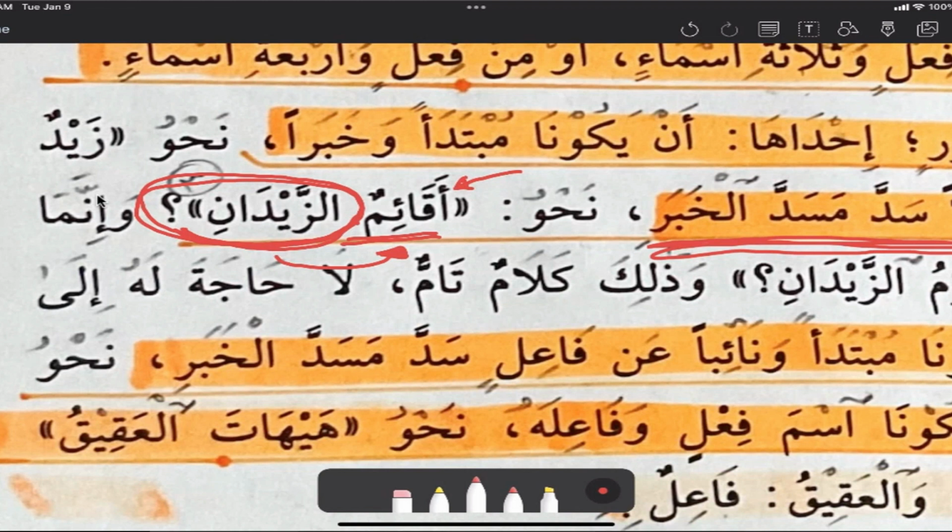It's like Zaydan came and said, oh, you're a subject here? You want a predicate? Well, you're going to be acting like my predicate now. And I'm going to be here, the subject. I'll just fill the space of your predicate here.